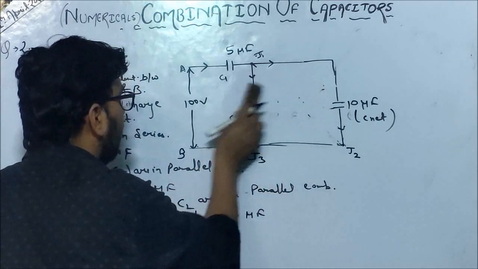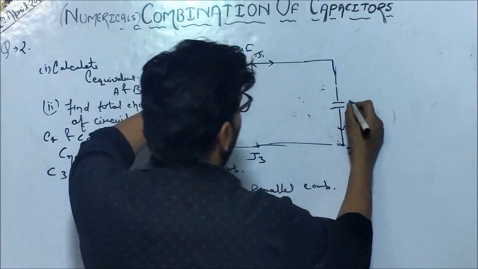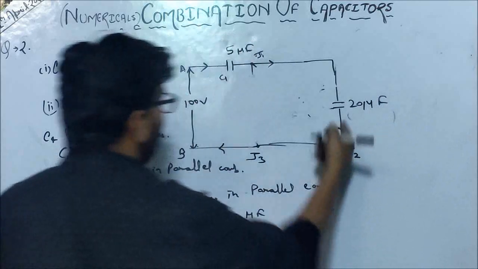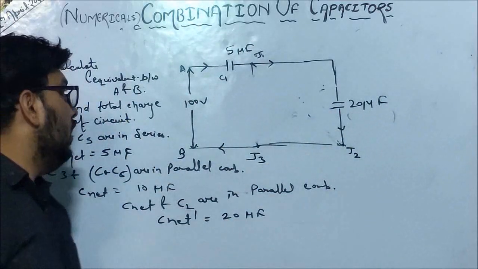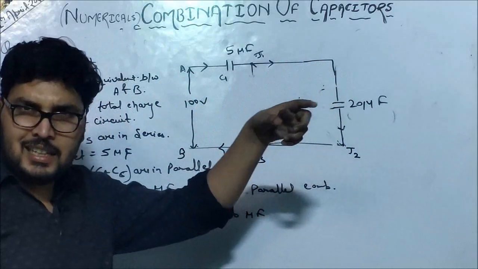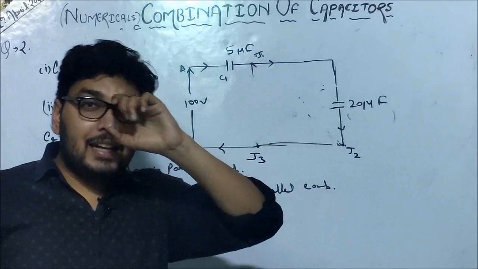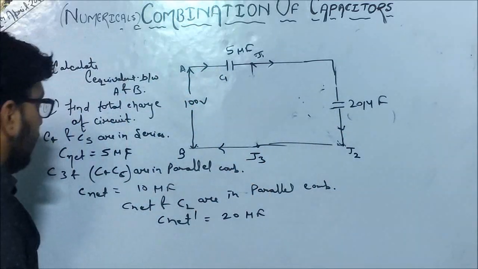So I am having two capacitors now. One is having 5 microfarad, another is having 20 microfarad. Charge goes from here to here. Does it get divided? No. So they will be added in series combination.